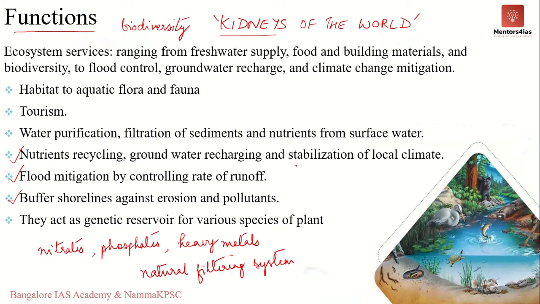It can provide a fishing zone, and it will also act as a genetic reservoir for various species of plants, especially rice, because rice is grown in floodlands or wetlands. Since it is a wetland crop, it helps in preserving certain genetic species. Apart from that, we can also get peat from wetlands.